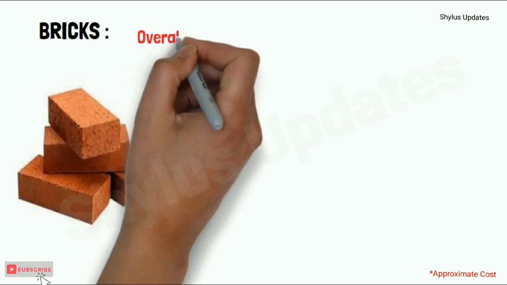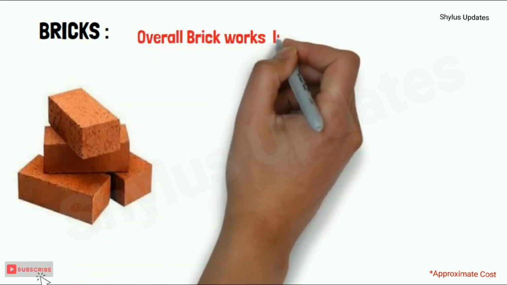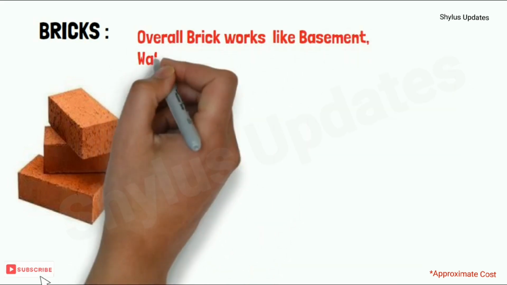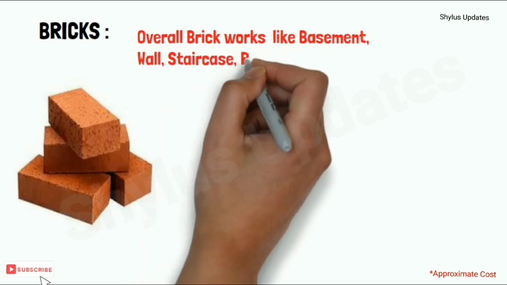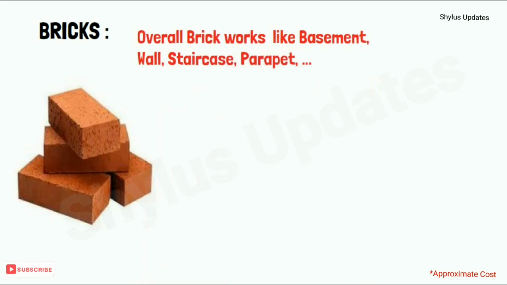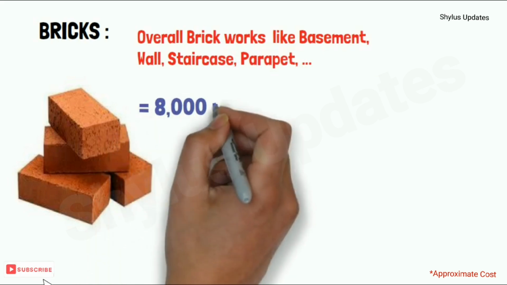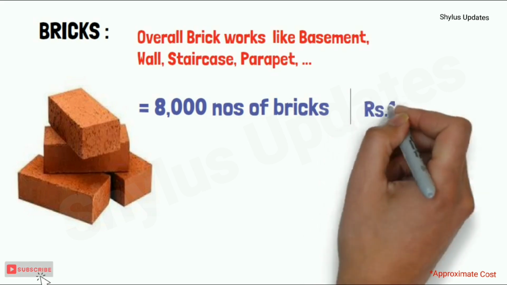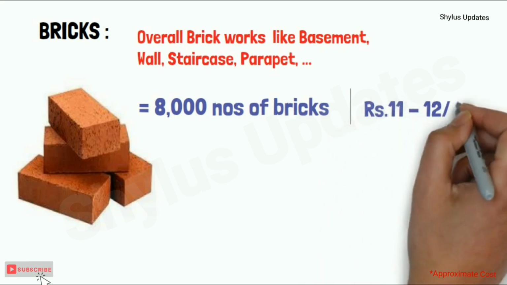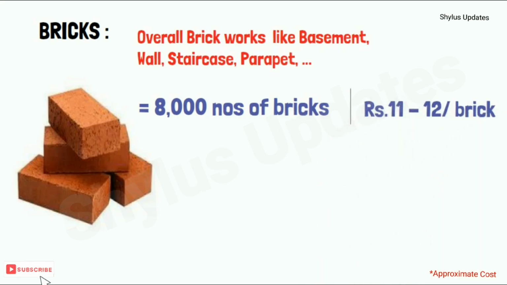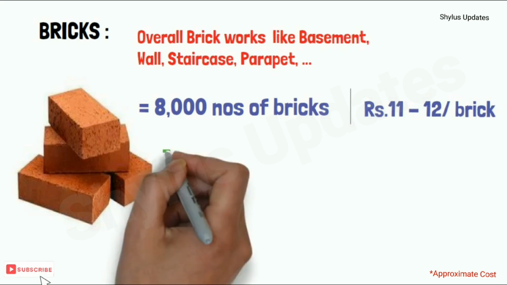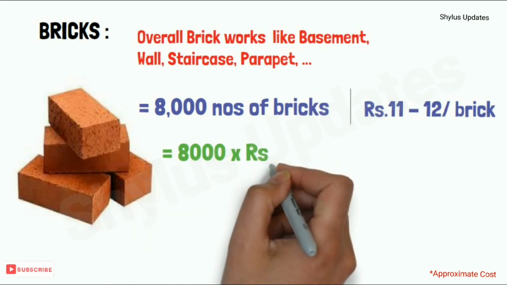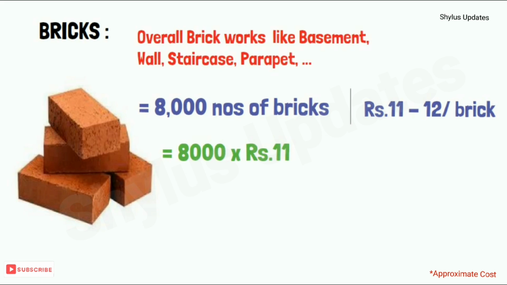Bricks are used in overall brickworks like basement, wall, staircase, parapet, etc. For 500 square feet house, 8,000 numbers of bricks are required. The current market rate of a brick is from rupees 11 to 12. When you multiply 8,000 numbers of bricks into rupees 11, you get rupees 88,000.